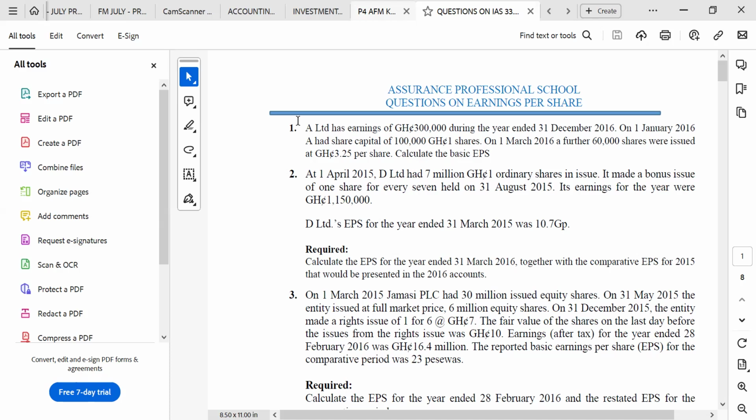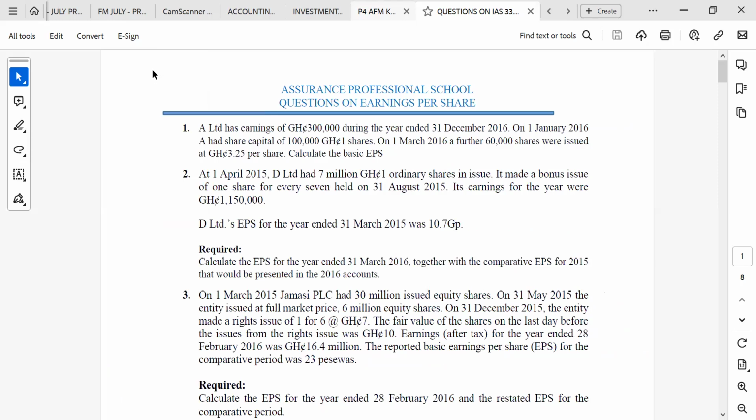Okay, let's look at question number 1. That is a full market issue there. Someone should take question number 1 for us. A Limited has earnings of 300,000 Ghana cedis during the year ended 31st December 2016.